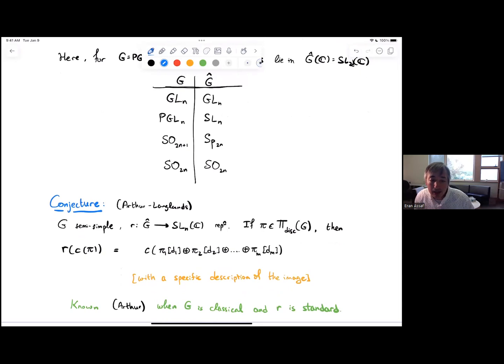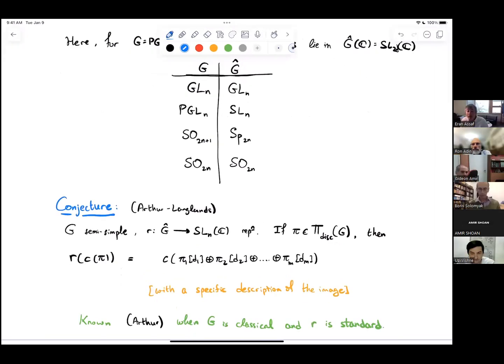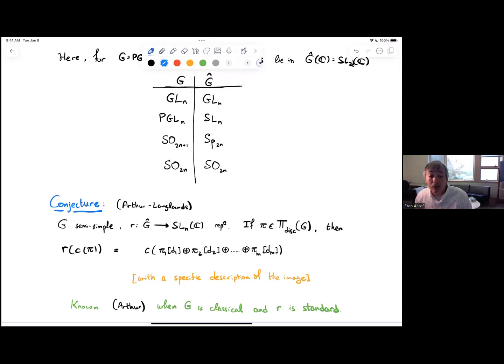So a conjecture of Langlands that was refined by Arthur was that if we have some representation R of the dual group, and we start with some discrete automorphic representation, then applying R to the Langlands parameters of our representation, we always get something that looks like it's built from these building blocks, from these extensions by symmetric powers of these smaller building blocks.